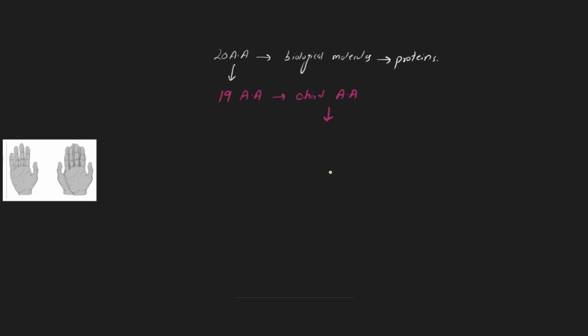And what is a chiral center? All these amino acids have an alpha carbon in the center of their structure, and this alpha carbon is at one time attached to 4 different groups. There is a carboxylic group, there is an amino group, there is a hydrogen atom, and there is an R chain.